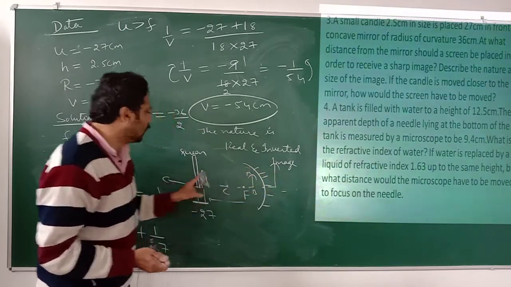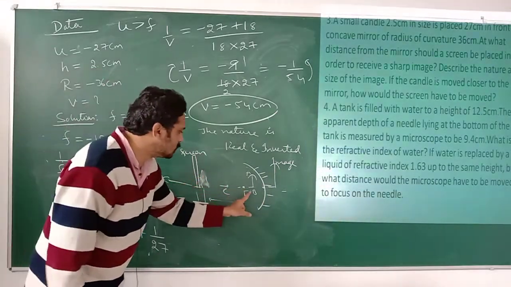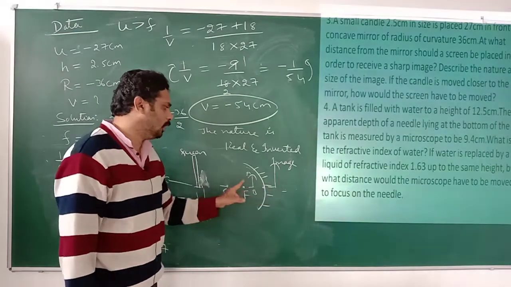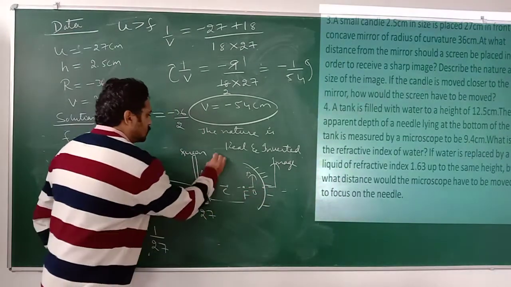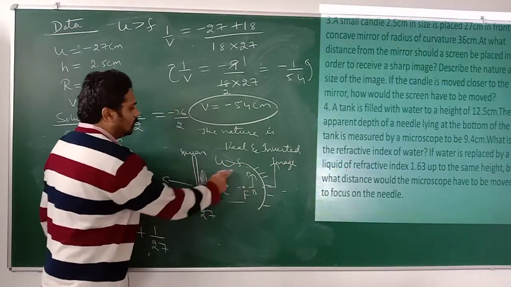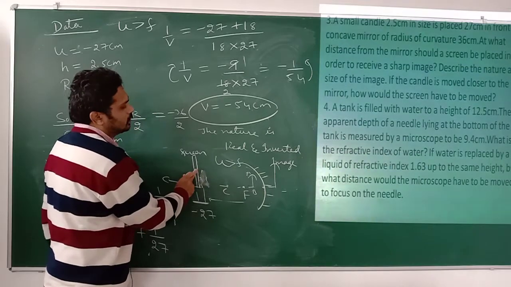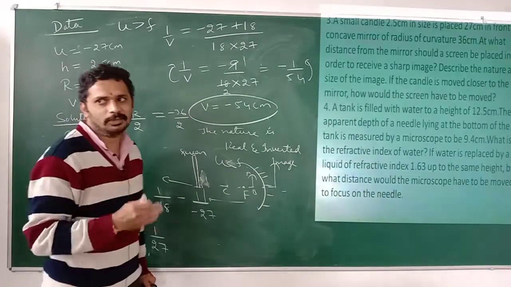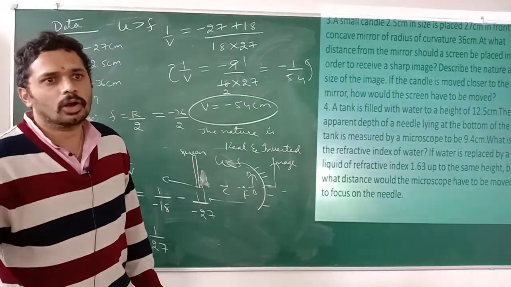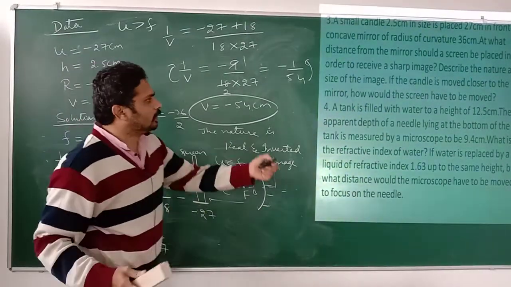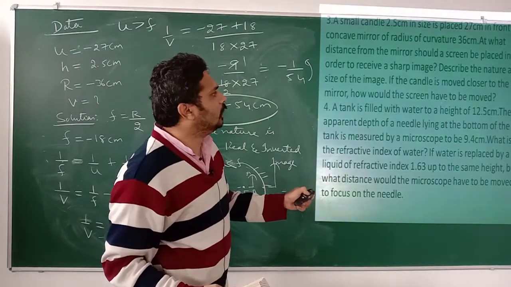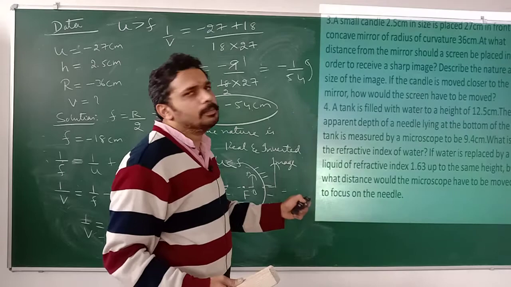A real image is caught on a screen, but a virtual image cannot be caught on a screen. Therefore the object distance must be greater than focal length to get a real and inverted image. If the object distance is less than focal length, we get a virtual image, which is not caught on a screen. Therefore, if the candle is moved closer to the mirror, the screen has to be moved away from the mirror.